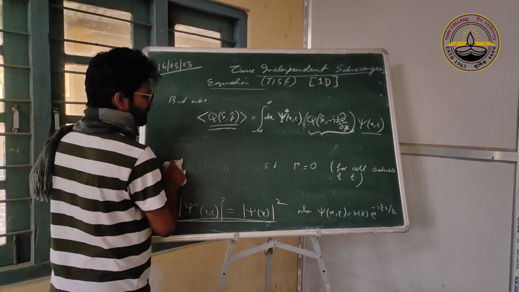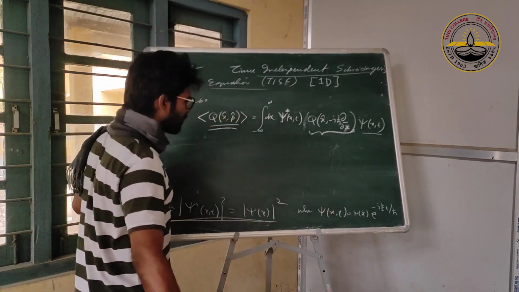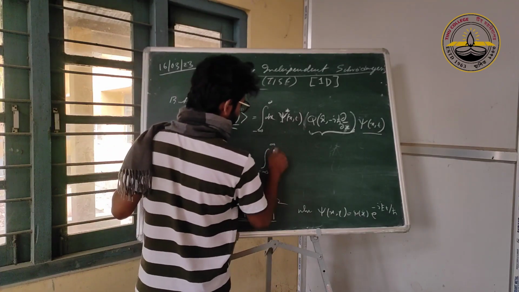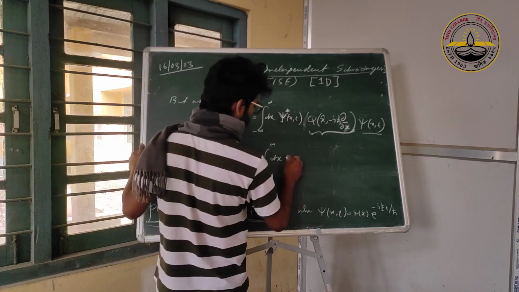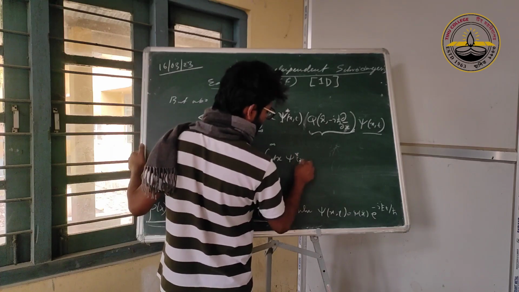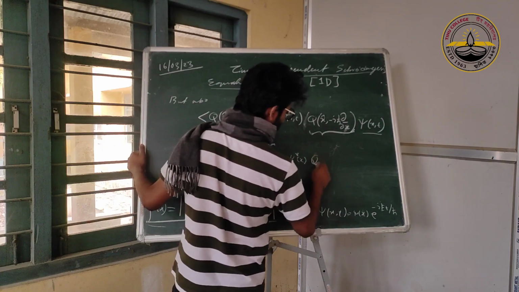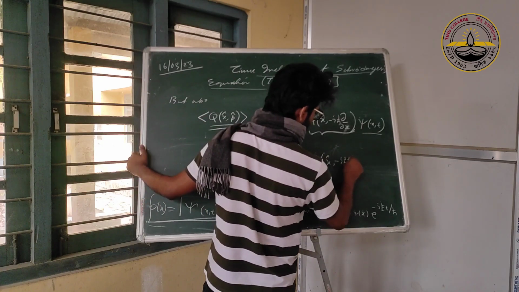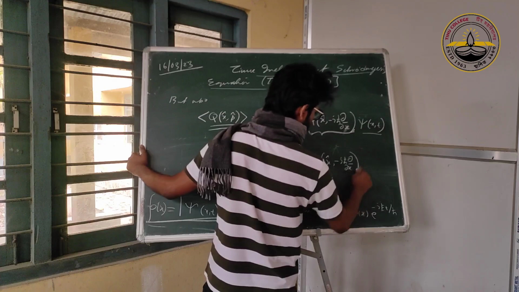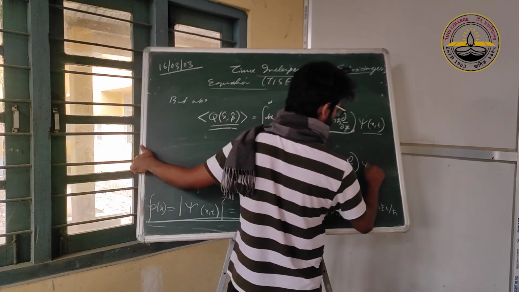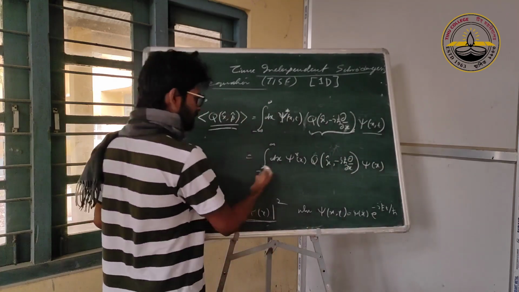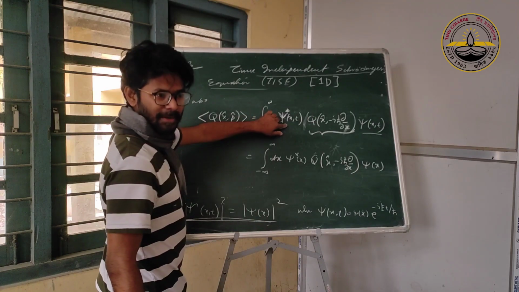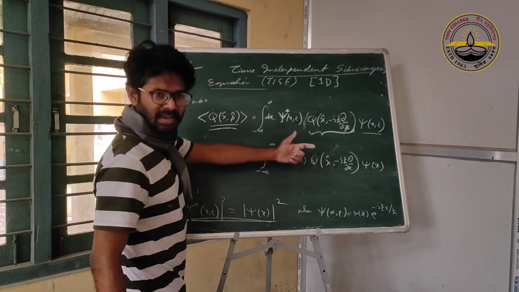Which means what? Even this will become just simply psi star of x, the variable, whatever it is, a function of position and momentum operator, psi of x. So the full wave function you don't need anymore, just the x piece is enough.